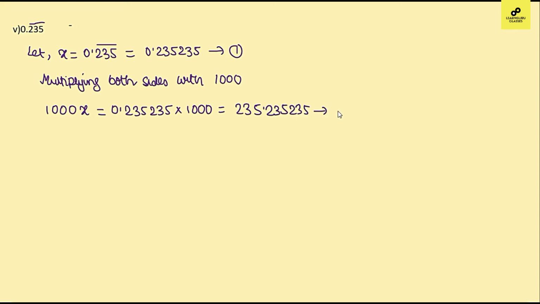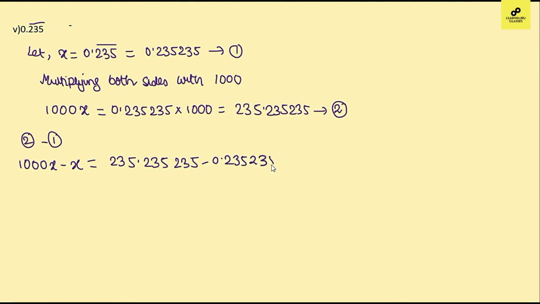So this is equation 2. So 2 minus 1, 1000x minus x equals 235.235 minus 0.235235. So this comes as 999x equals 235. Okay, so x equals 235 by 999.